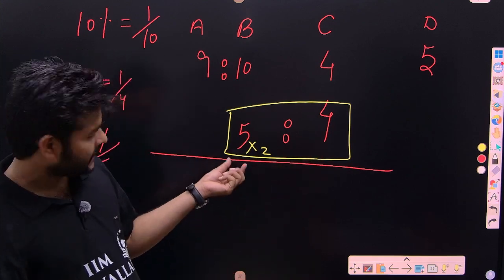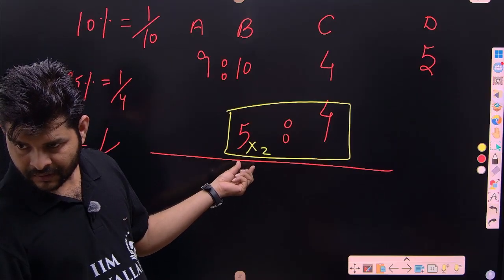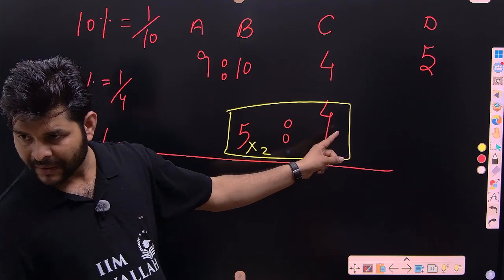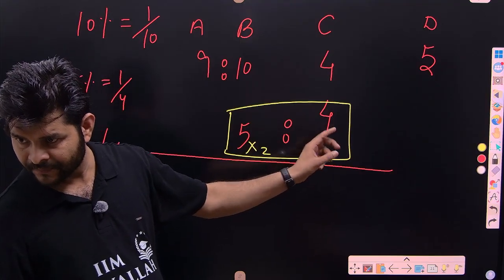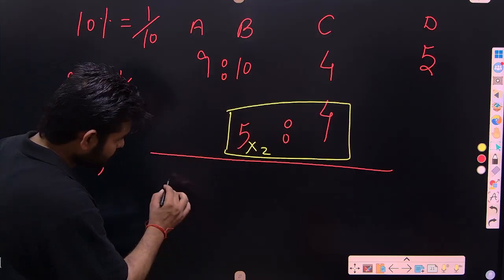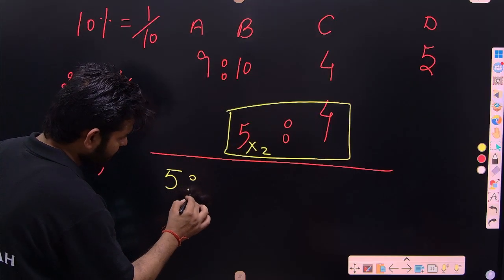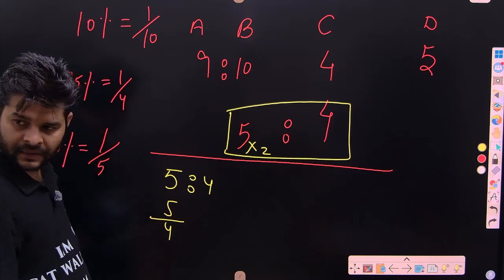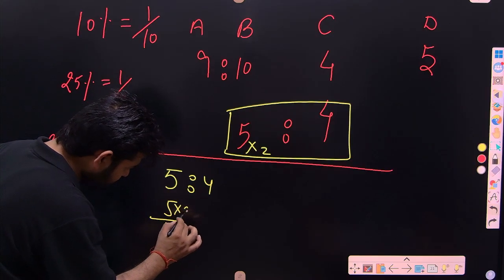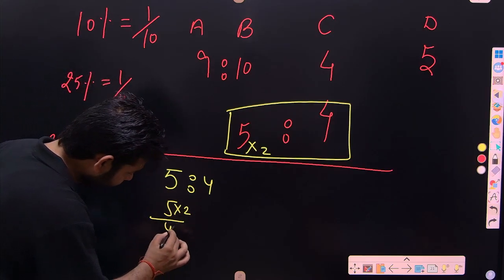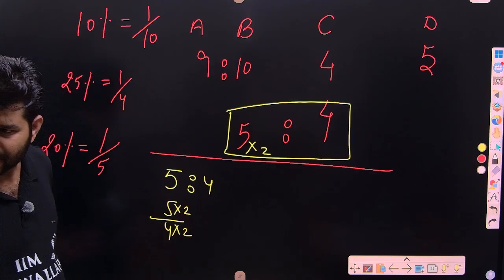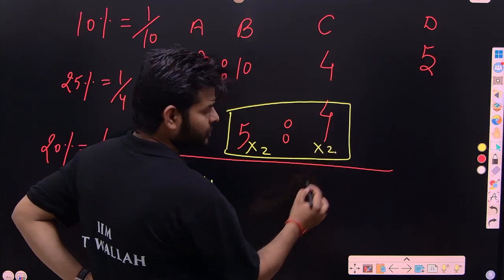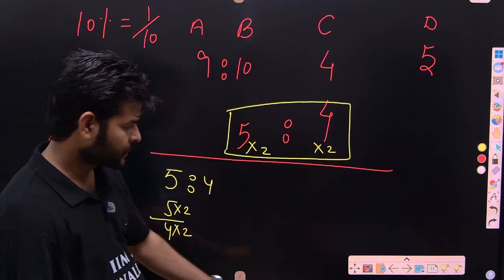So if I am multiplying by 2 here, and this is the ratio of that one, then I need to multiply by 2 here as well. Ratio means what? Divide. If I am multiplying by 2 here, it is mandatory that I multiply by 2 here as well. Got it or not? Got it.